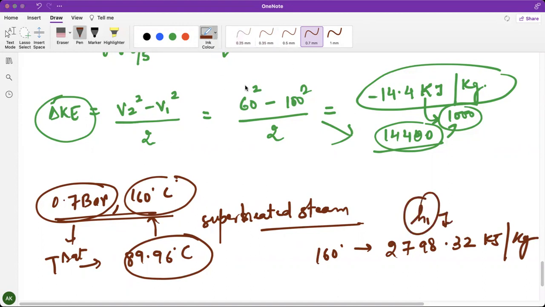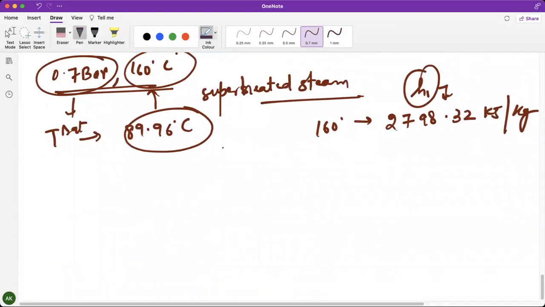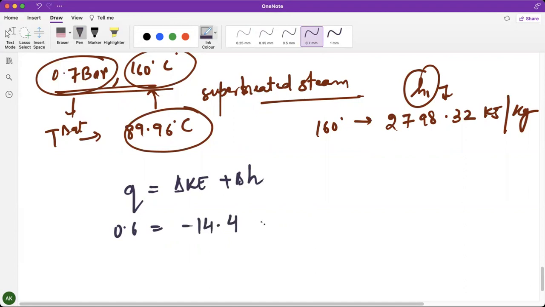Next, we need to find out the value of H2. For finding out the value of H2, we will be substituting in the equation we had written above, according to the first law: heat exchanged equals kinetic energy plus change in enthalpy. This is 0.6. Kinetic energy we found out to be minus 14.4, and delta H is H2 minus H1.